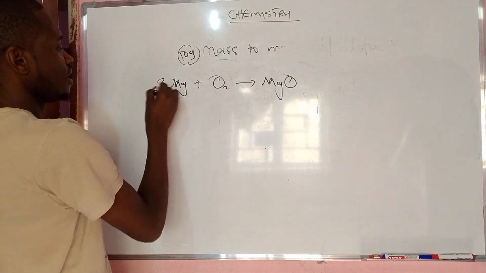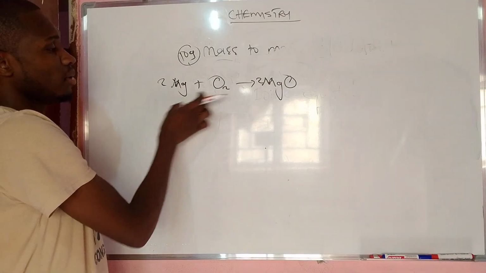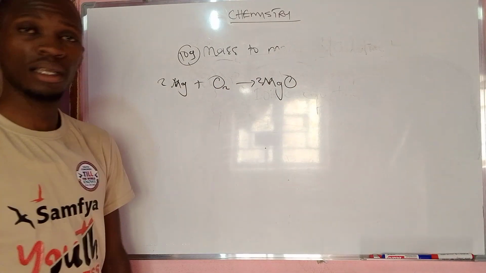When we balance the equation, we balance with 2, then there are 2. So magnesium reacts with oxygen to produce magnesium oxide.